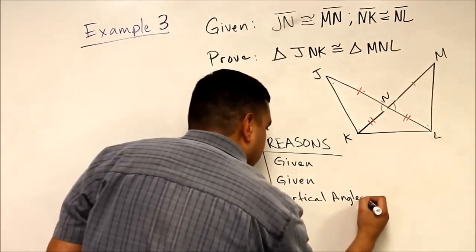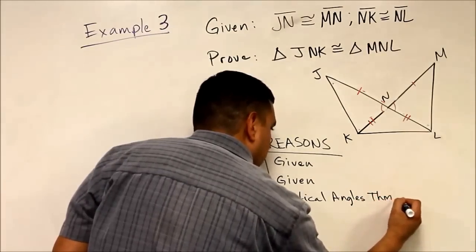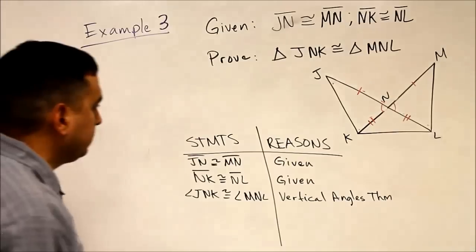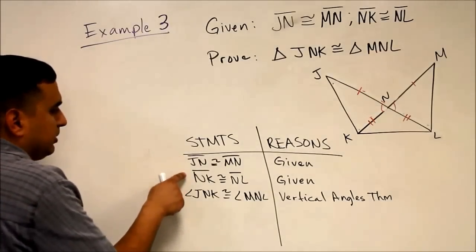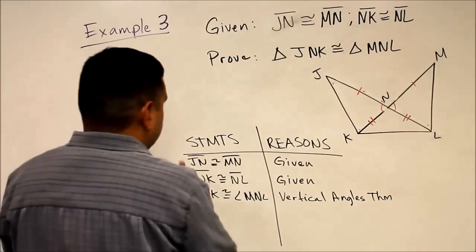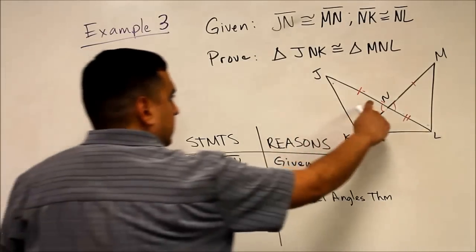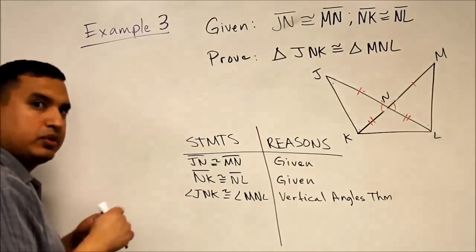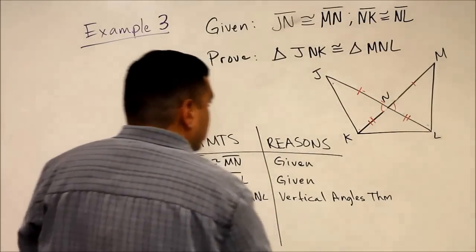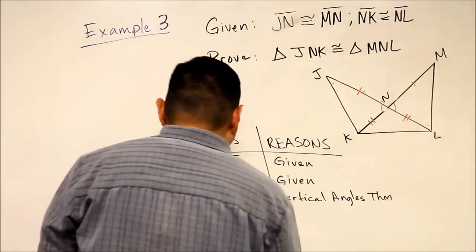Anytime I have vertical angles, those angles are congruent. So here's my side, angle, side. The angle has to be included, in between the two corresponding sides.